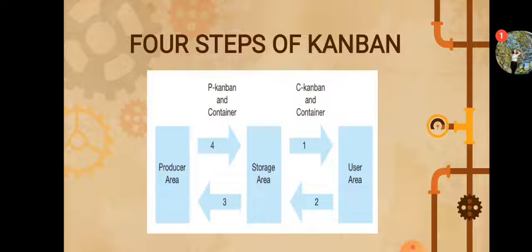So we can also see in the figure the arrows, from the storage area to the user area to the producer area. In the Kanban, the first arrow is that full containers of products, goods or items are taken from the storage area and delivered to the user area.